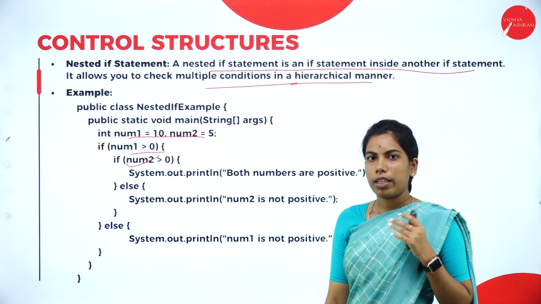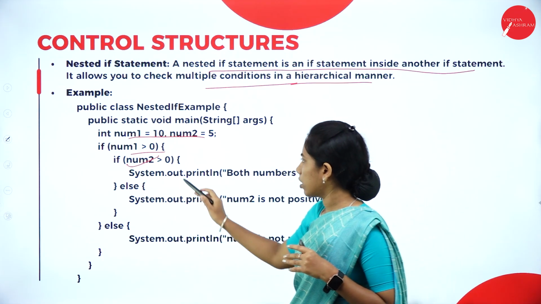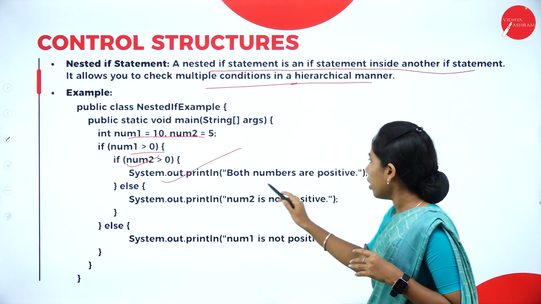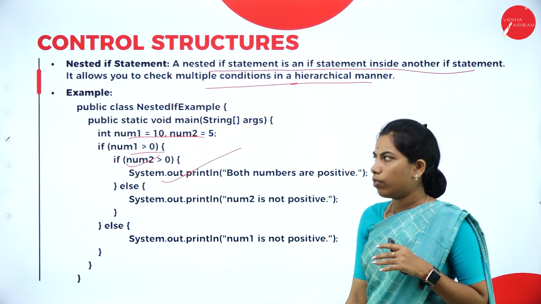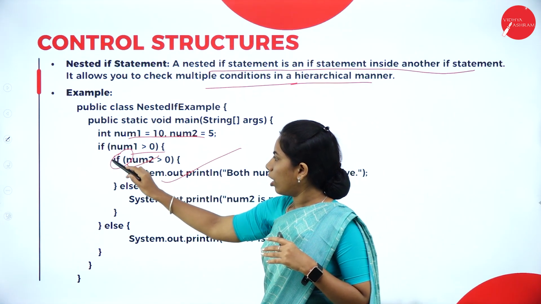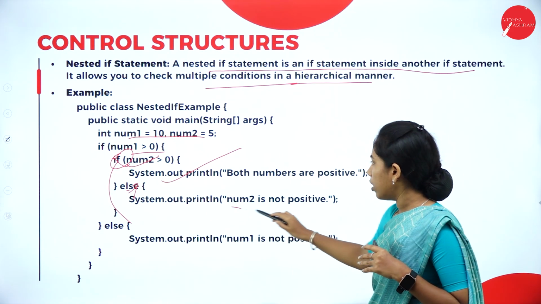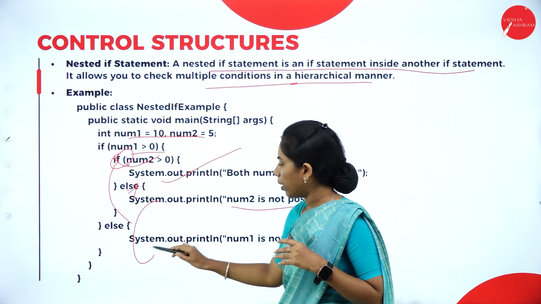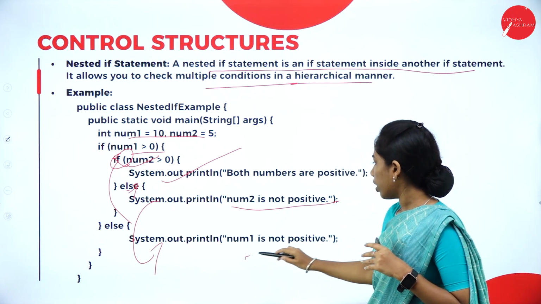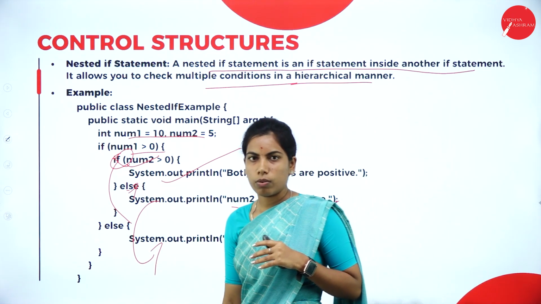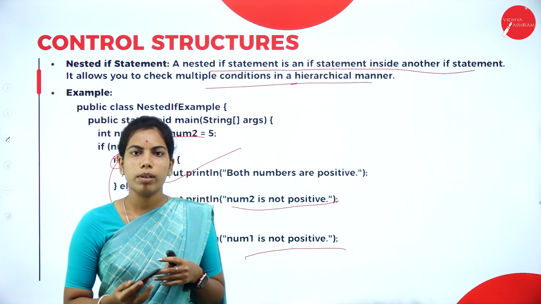Again check this statement, if num2 is greater than 0, yes it's greater than 0, it will print both numbers are positive. If this does not work, it will come to the else part. If an else part is not there, the last else part will work. So what? num1 is not positive. This is how the nested if will work.